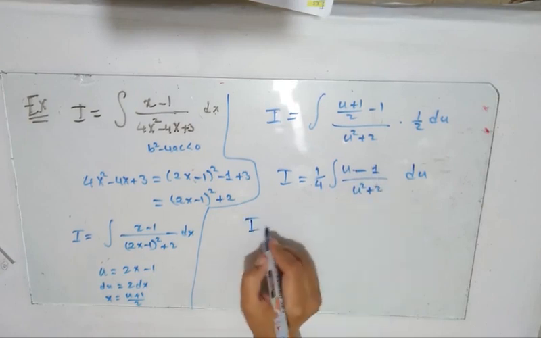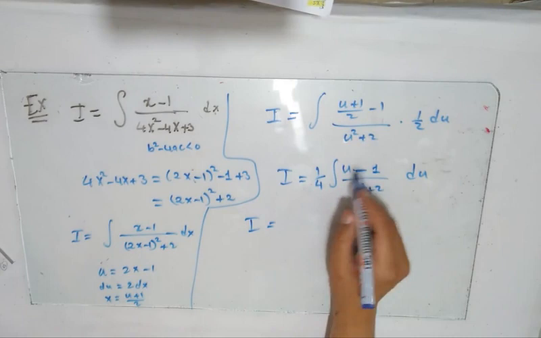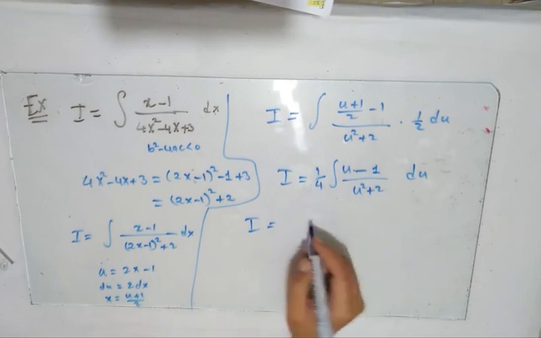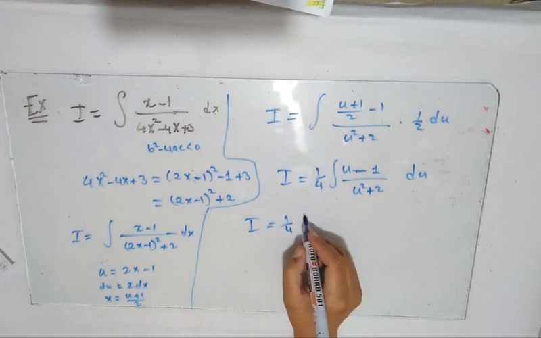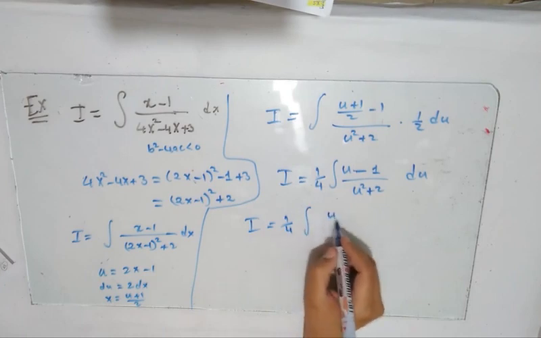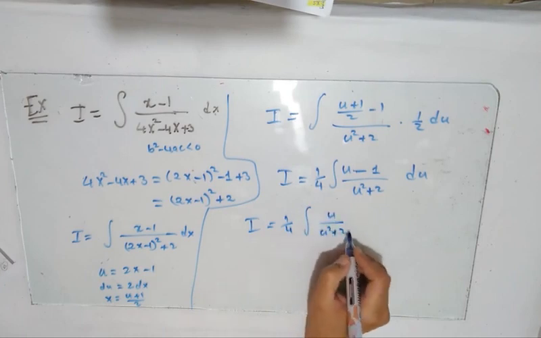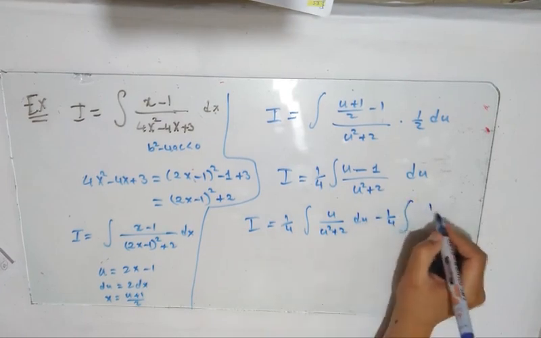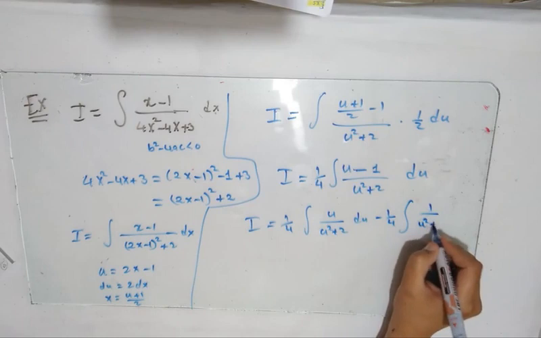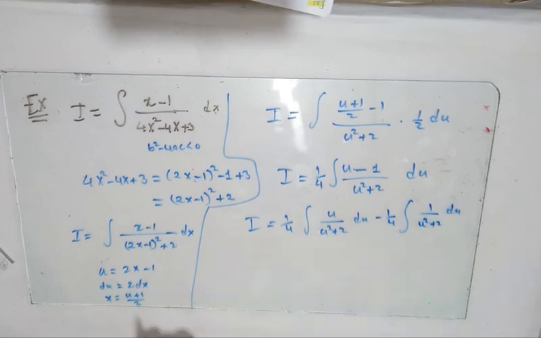Again, you can split this into two fractions. So we'll have 1 over 4 the integral of u over (u squared plus 2) with respect to u, minus 1 over 4 the integral of 1 over (u squared plus 2) with respect to u.